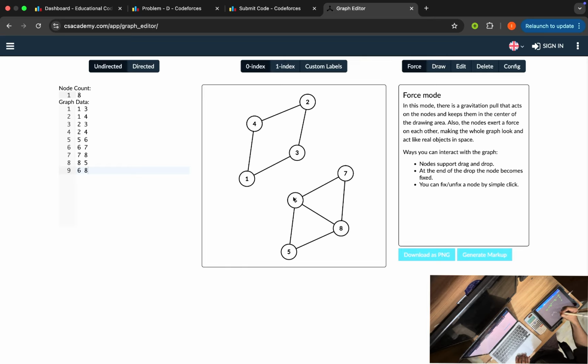I can direct 6 to 7, then direct 8 to 7, then direct 8 to 5, direct 6, and it repeats.